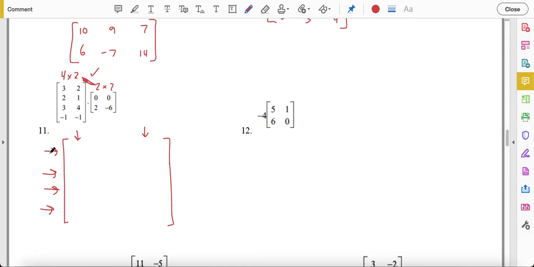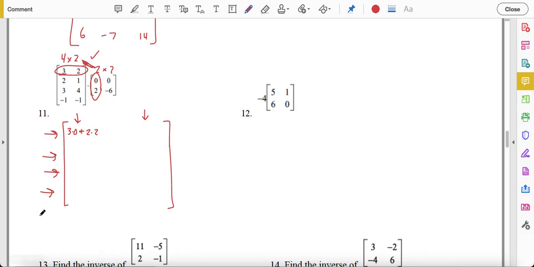All right, so row 1 times column 1, so 3 and 2 times 0 and 2. So I've got 3 times 0 plus 2 times 2, which I will write down here.